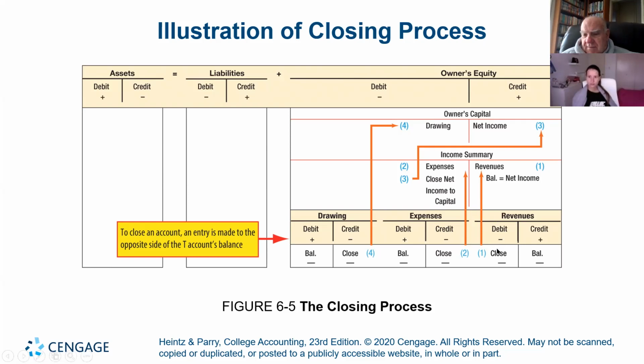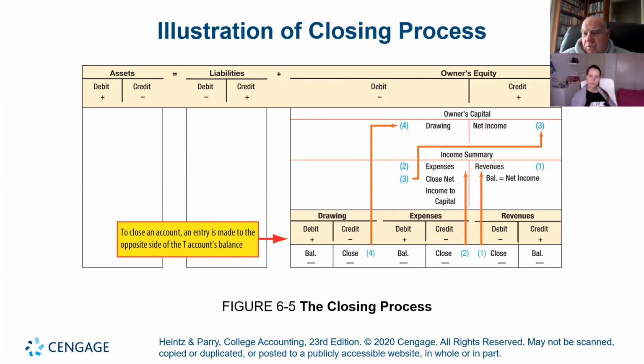We debit revenues and credit income summary. The expenses we credit to zero them out, and we debit income summary. So the balance in the income summary is now our net income. And let's say the net income was $1,000.